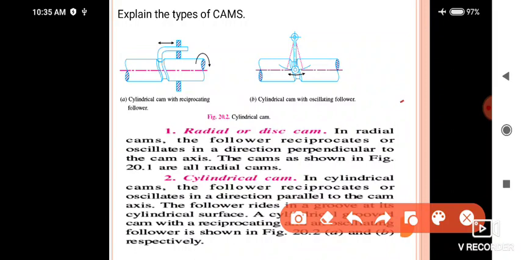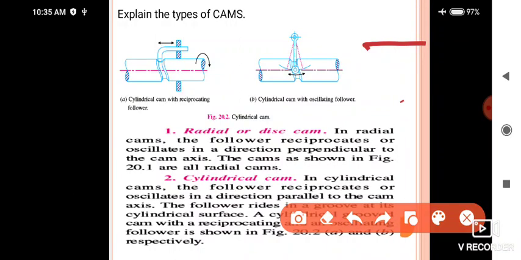Then the second type, the cylindrical cam. In the cylindrical cam, the follower reciprocates or oscillates in the direction parallel to the cam axis. The follower rides in a groove.